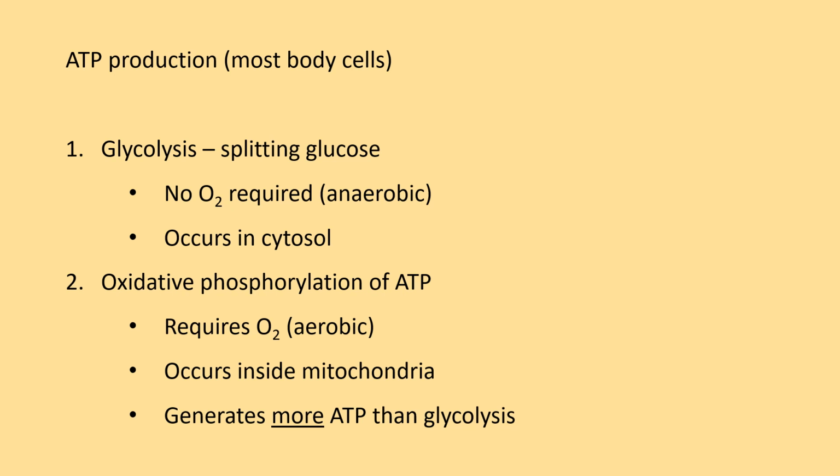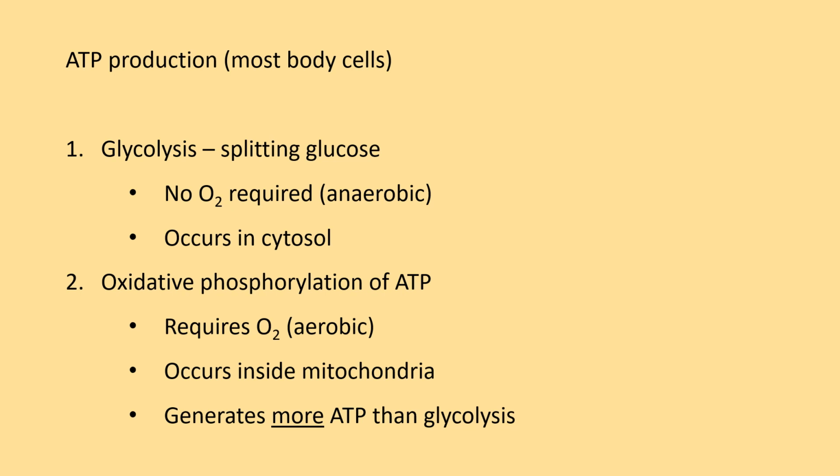Most of our body cells are able to generate new molecules of ATP by these two separate processes. So glycolysis occurs in the cytosol of our cells, and it's called an anaerobic process because it does not depend on oxygen. In fact, the whole multi-step process does not require any oxygen. And then number two, oxidative phosphorylation.